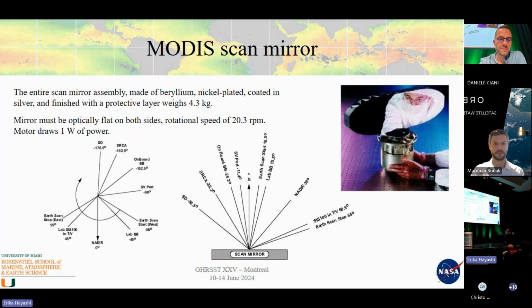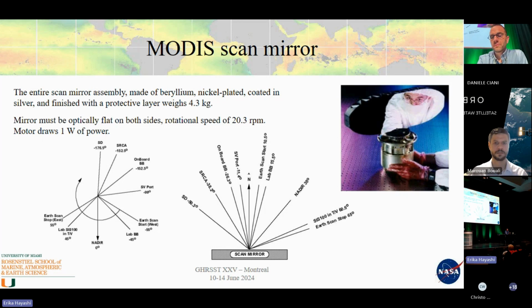The rotation speed is very slow compared to previous and subsequent scan mirrors on other radiometers. And that, I think, contributes to the fact each of these has been running essentially without break for over 20 years. This is the plane of the one surface of the scan mirror. And this is just normal to it.